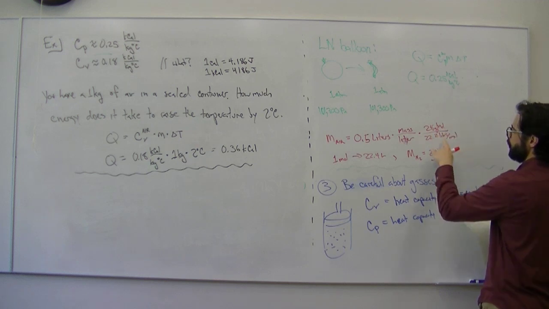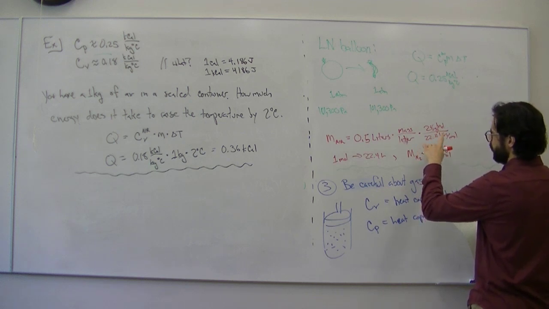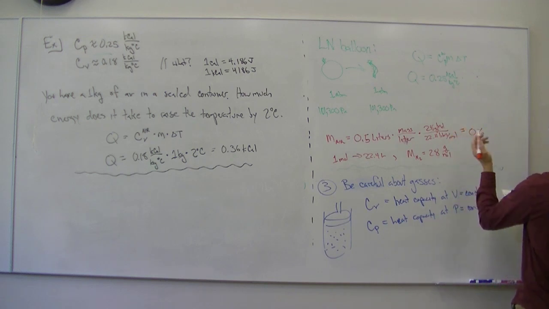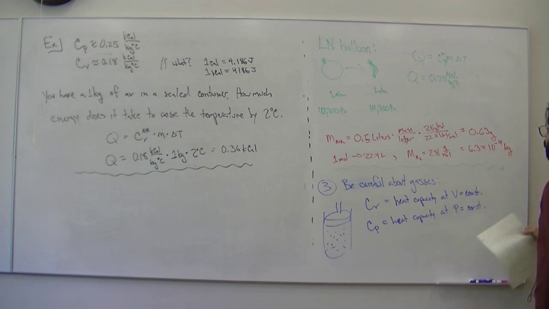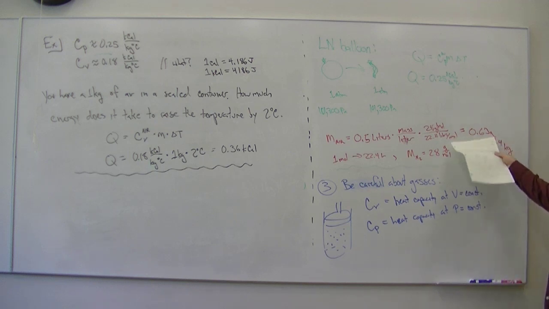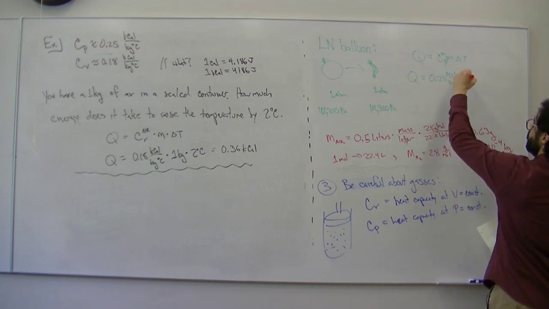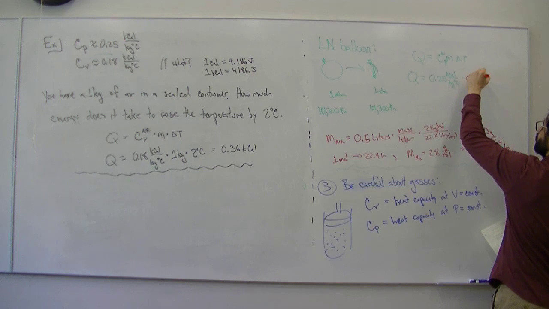And then moles go away, liters gone, and then we end up with 0.63 grams, or 6.3 times 10 to the minus 4 kilograms. Which is to say not a lot. Yeah, 0.5 gram's worth of mass seems roughly appropriate for me, so that's fine. And we want kilograms in, so we gotta put kilograms in as the mass.